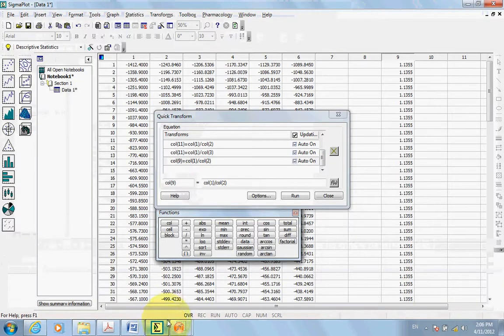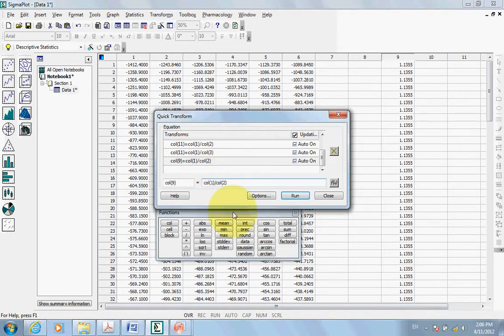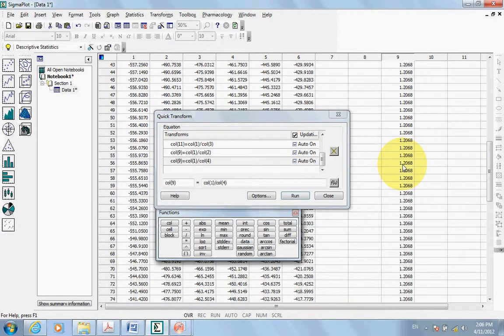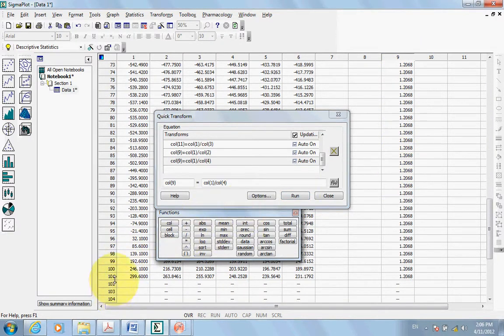We can confirm that if we divide column 1 by, for example, column 4, we get in all cases a constant value, in this case 1.2068, and this value is repeated for the 101 points on the curve.